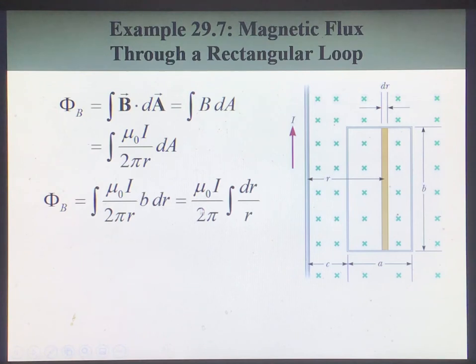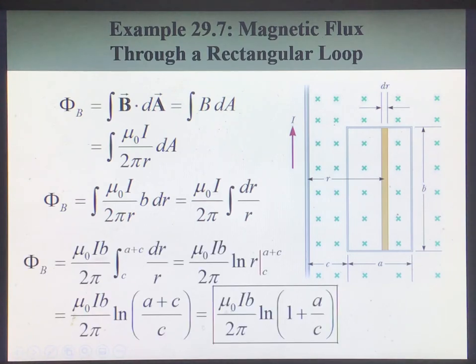So when I do this, I can rewrite this as mu naught I over 2 pi, and then I want to integrate from r equals c to r equals a plus c. The distance from here to here is c, and the distance from this point to this point is a plus c.